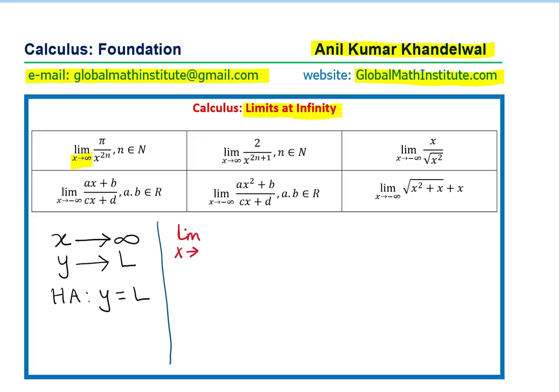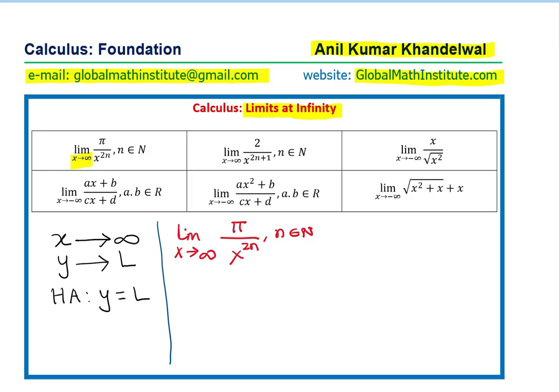Limit as x approaches infinity. So we are taking positive infinity here, where the function is pi over x to the power of 2n, where n belongs to natural numbers, meaning n can be 1, 2, 3, 4, any number, right? So basically, we are saying that the denominator has an even power. So that is what we mean, right?